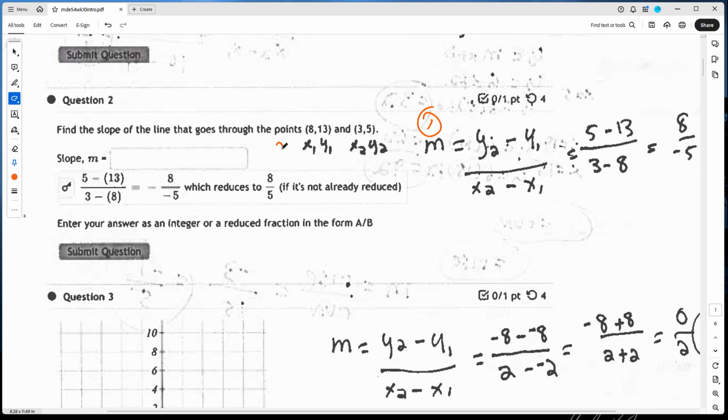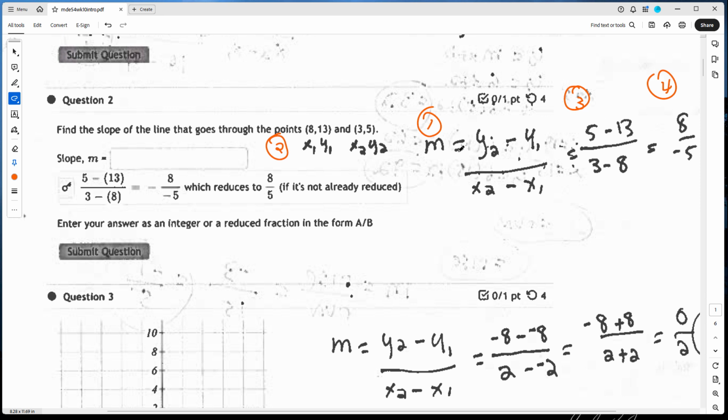The second thing you want to do, assign values to the variables. So x1 is 8, y1 is 13, x2 is 3, y2 is 5. The third thing you want to do is plug in. And then the fourth thing you want to do is simplify it to get your answer.